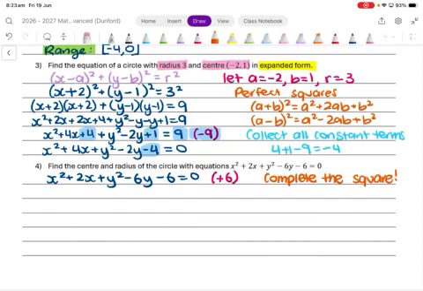So this is why some of that was such good foundational knowledge. So to complete our squares, we'll have x squared plus 2x plus leave a gap, plus y squared minus 6y plus leave a gap, equals that 6 that we've added to the other side.